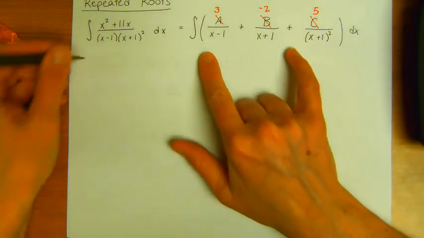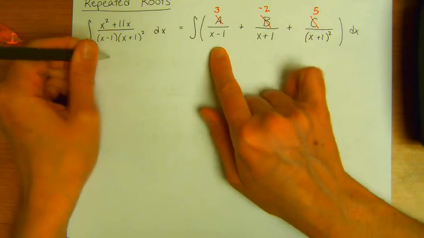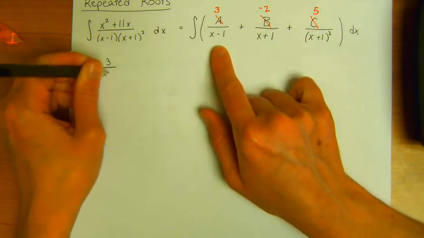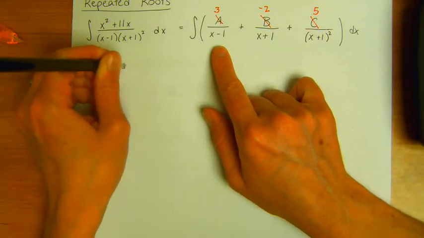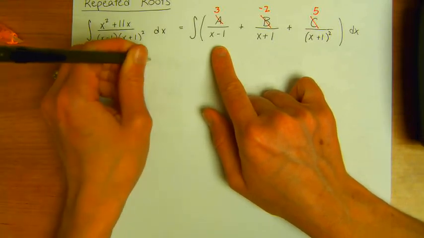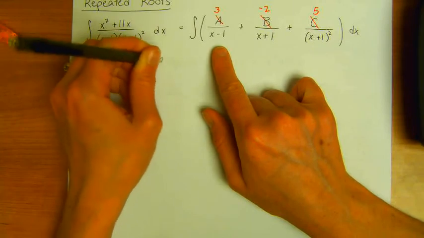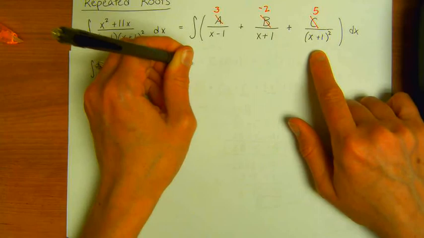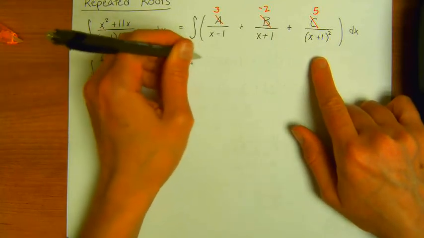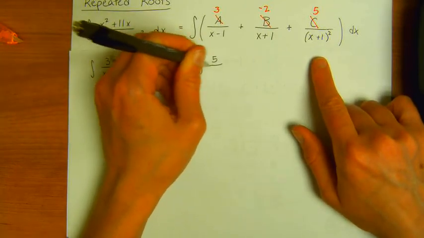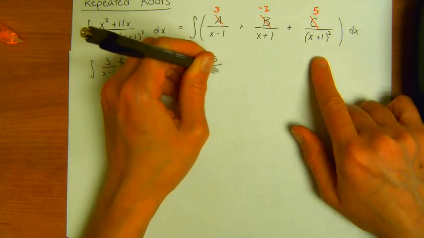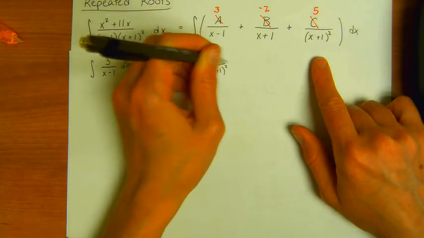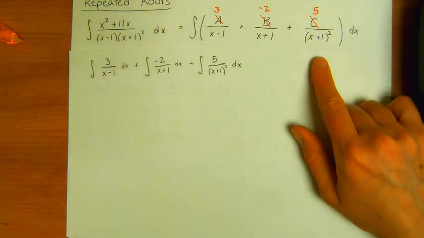Let's take a look. So this is now the integral of 3 divided by 1 minus x dx plus the integral of negative 2 divided by 1 plus x dx plus the integral of 5 divided by x plus 1 squared dx.